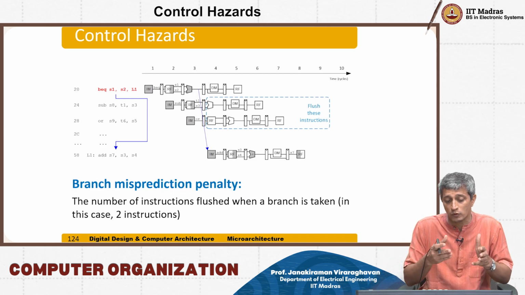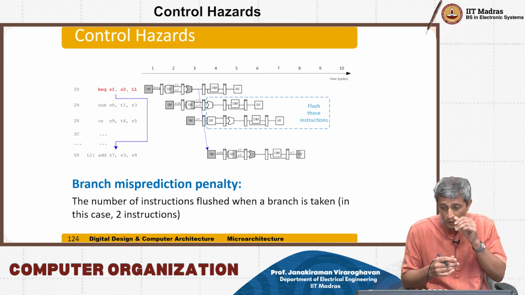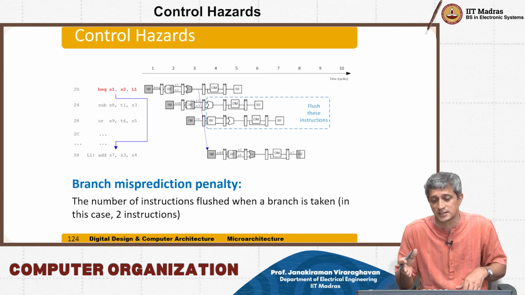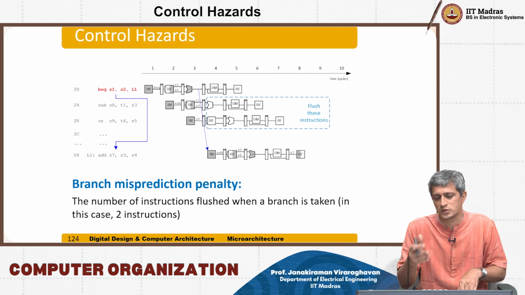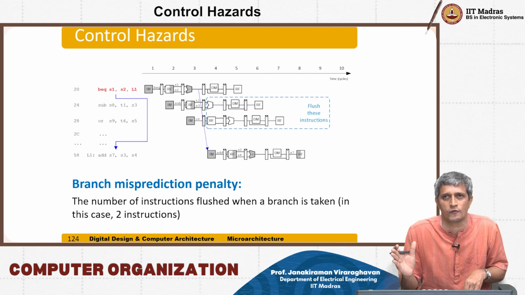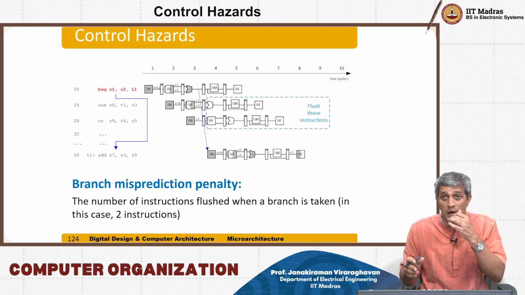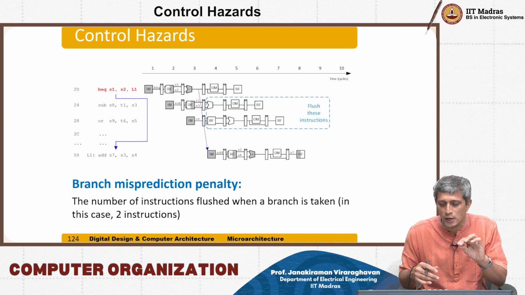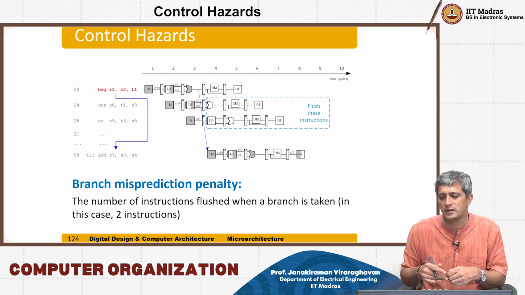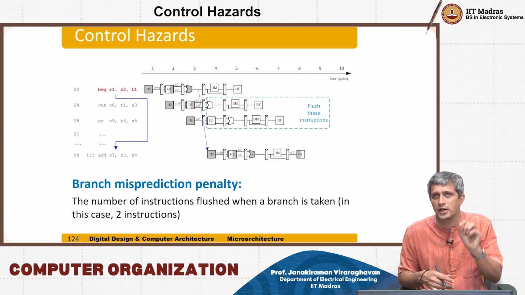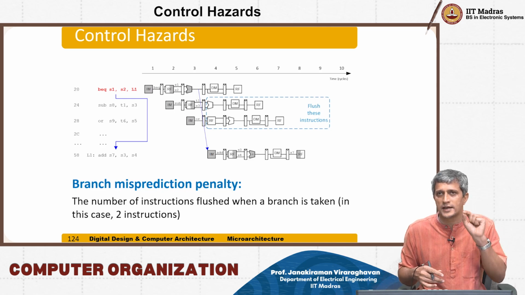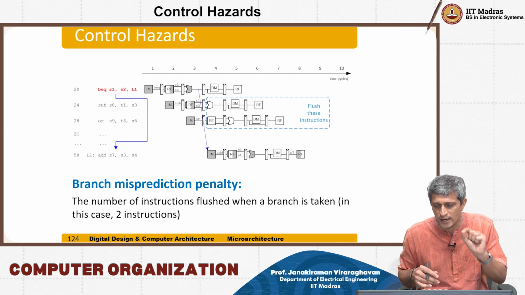So you have to start from the fetch here, because you have no other go. That means the execute for the add can happen only in clock cycle 6. Usually the next instruction was supposed to execute in clock cycle 4 itself. If the branch wasn't taken and you are performing subtract and OR, then the execution of subtract would have happened in clock cycle 4, execution of OR in clock cycle 5.